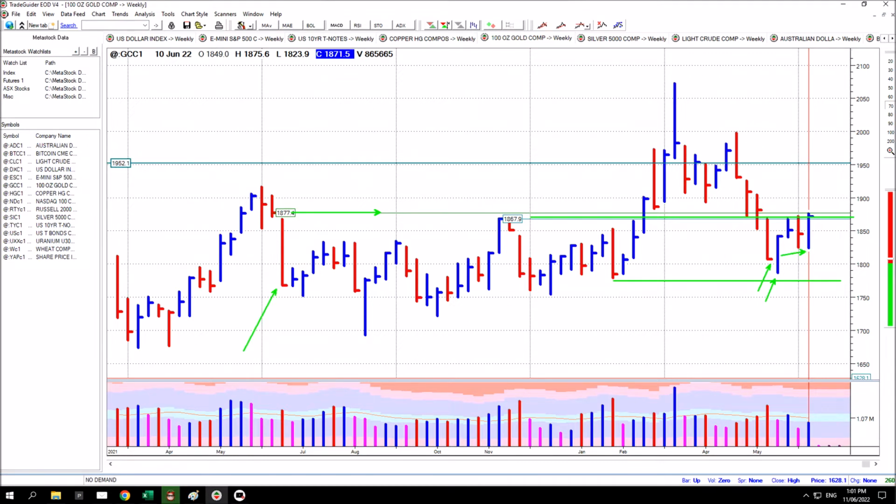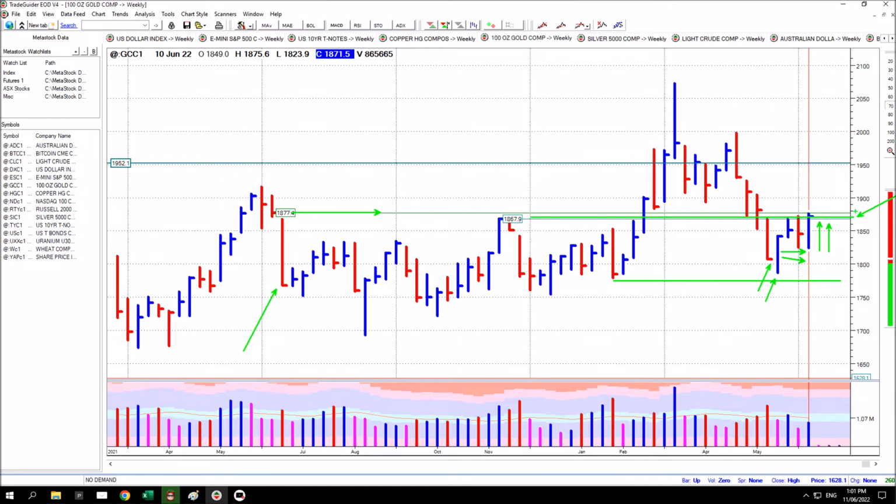There's been a little sideways consolidation here, and price has moved up to the highs of the range this week. This is a good strong move, particularly considering that the US dollar was stronger this week. We saw in the first chart the US dollar was up. That puts this market under pressure. The fact that price has consolidated sideways and then moved higher suggests this market is gaining some strength.